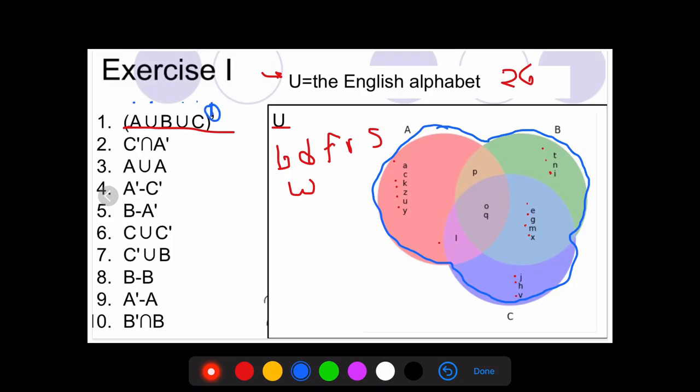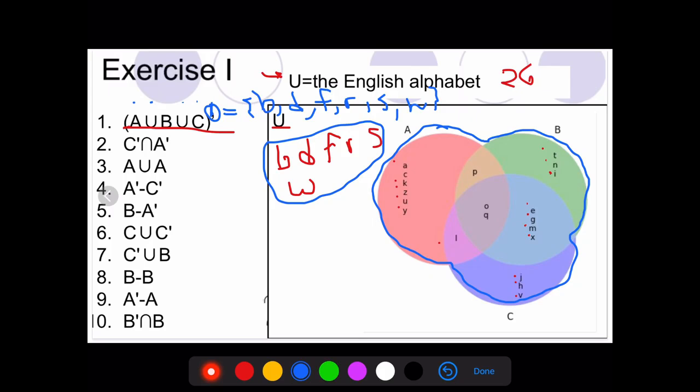We got an autocorrect there. It should be a line like every other one. So the stuff that's not in A union B union C, the complement of that, is this stuff over here. So that's going to be B, D, F, R, S, and W.